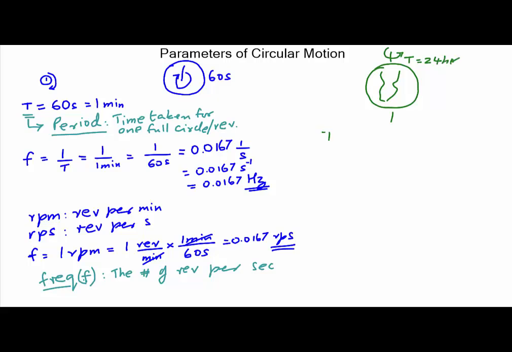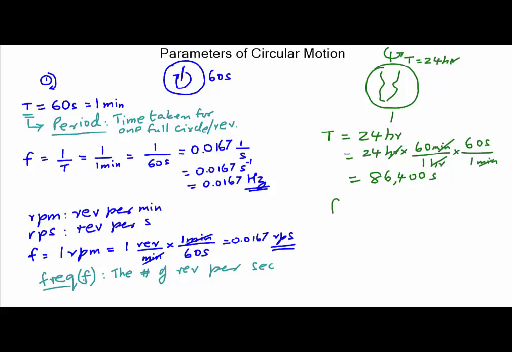So the time period of the Earth's circular motion as it spins on its axis is 24 hours, which is the same as 24 hours times 60 minutes over 1 hour times 60 seconds over 1 minute. The minutes cancel, the hours cancel, and you get an answer of 86,400 seconds. So that would be the time period of this circular motion.